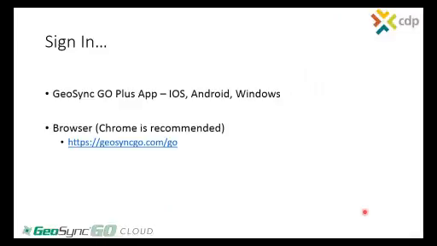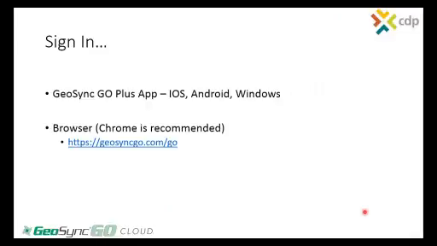To deploy your GIS data to base layers in GeoSync Go, we will utilize the administrative tools in GeoSync Go Plus. So the first thing we need to do, obviously, is open GeoSync Go Plus. There are two different ways to get to the application.